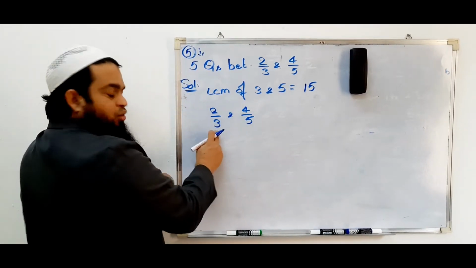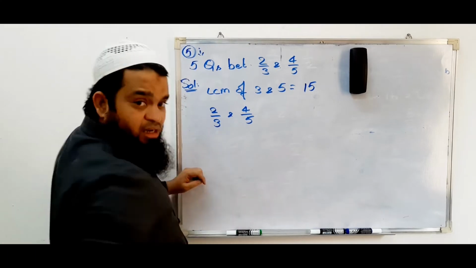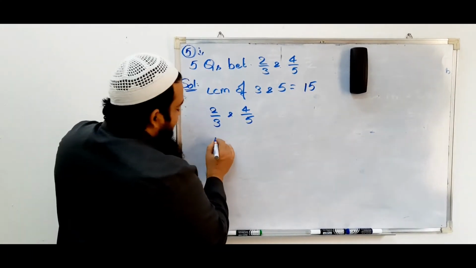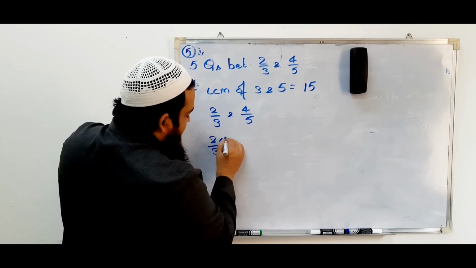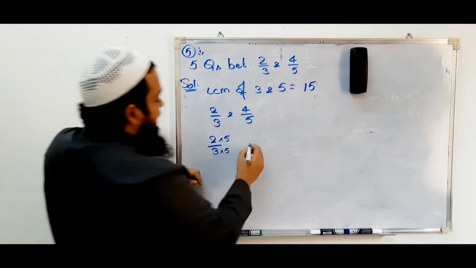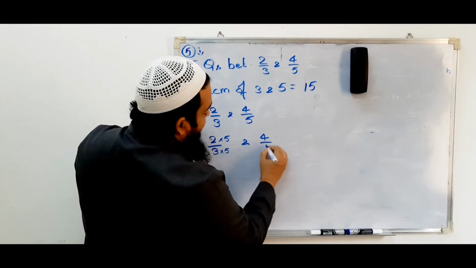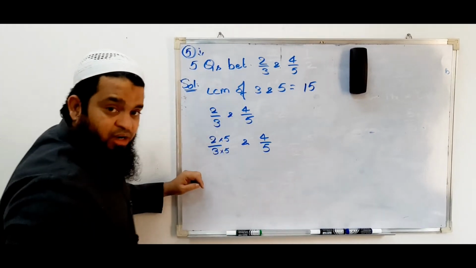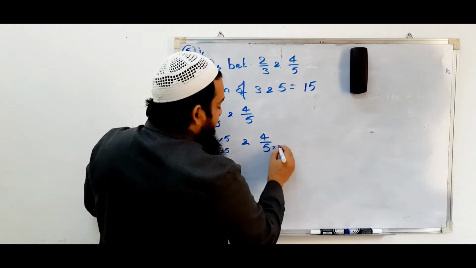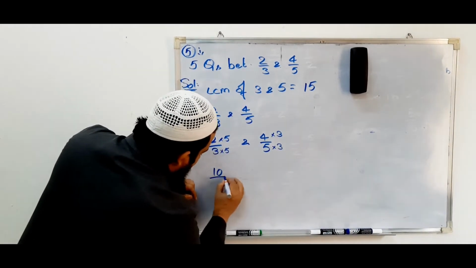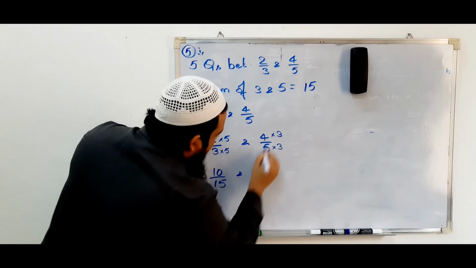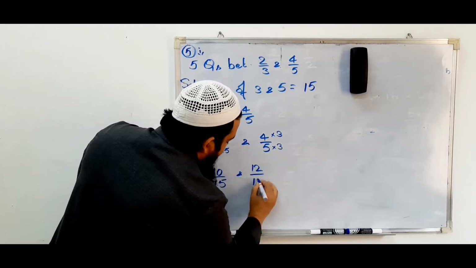How can you change this into 15? By multiplying with 5 in numerator and denominator for the first rational number, and for 4 by 5, multiplying with 3 in numerator and denominator. What you get is 10 by 15 and 12 by 15.